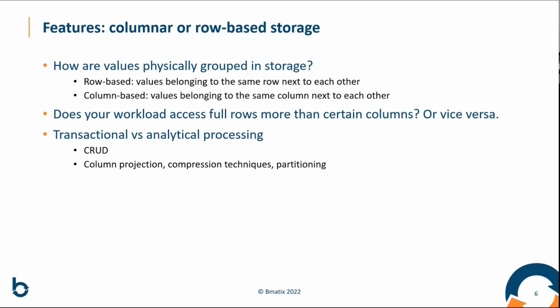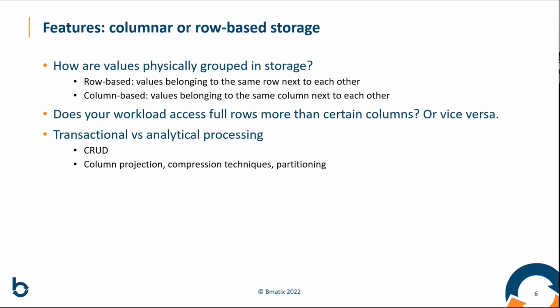So the question that you have to ask yourself when deciding whether you want to use row-based or columnar storage is what your workload accesses more. If it accesses full rows, or at least big parts of rows, it might be more advantageous to use row-based storage. If you mostly work with column values or aggregations, which is more relevant for analytical workloads, then columnar storage is often more useful.